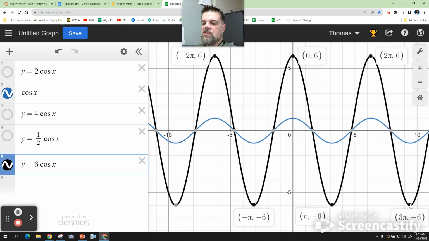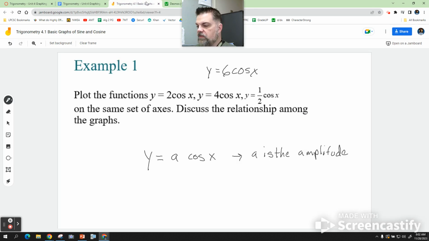We're taking that original range of 1 to -1, and we're just multiplying it by 6. And that makes sense, right? Cosine really represents a number, and then I'm multiplying that number by 6. All right, so that's basically it for example number 1.